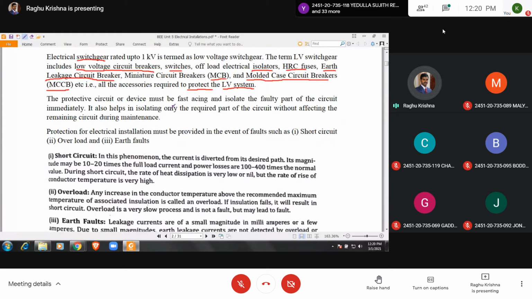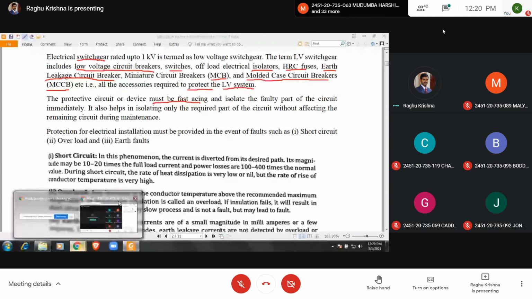What are the requirements of a switchgear? The first one is that it must be fast acting.